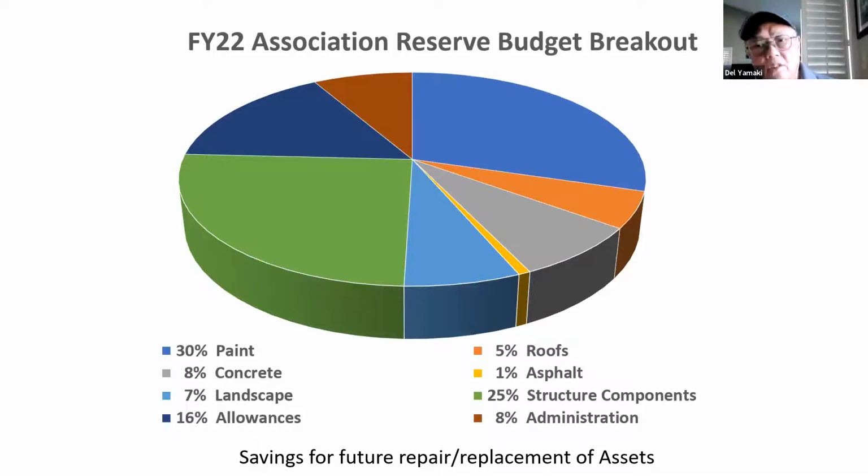On the association side, if you have a condo or villa, it varies by your village. The reason is that each of our districts or villages, Del Lago, Olivas, Fairways, was built at different times. So the painting was done at different times, and the roofs were set up at different times. The timing of the replacement varies from village to village.